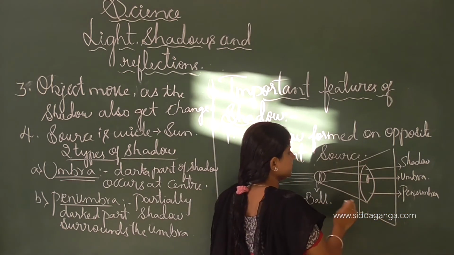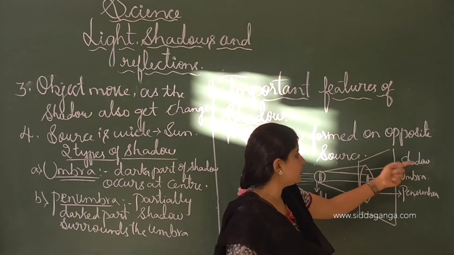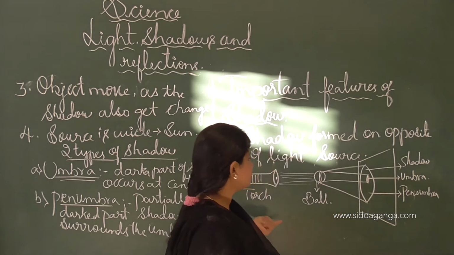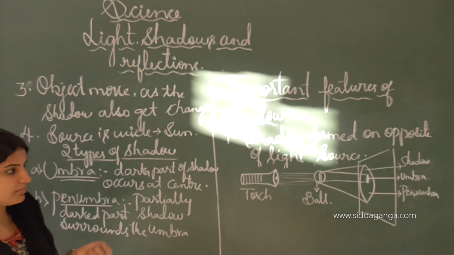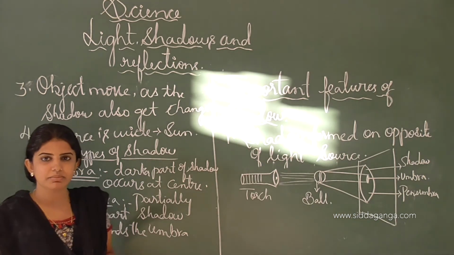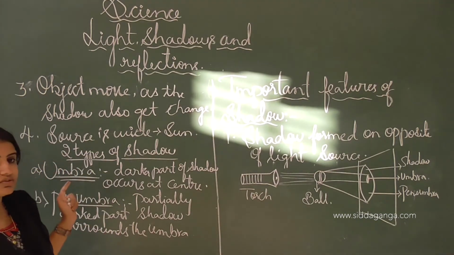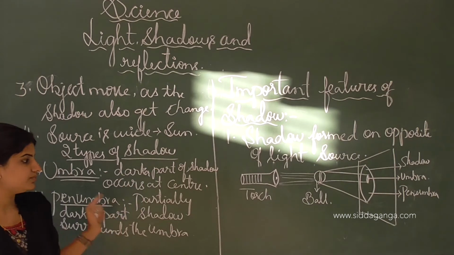The surrounding part is called the shadow, and this one acts as a screen. This is how umbra as well as penumbra can be distinguished when the source is wide, such as the sun.